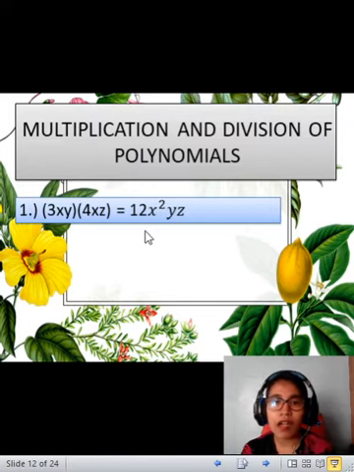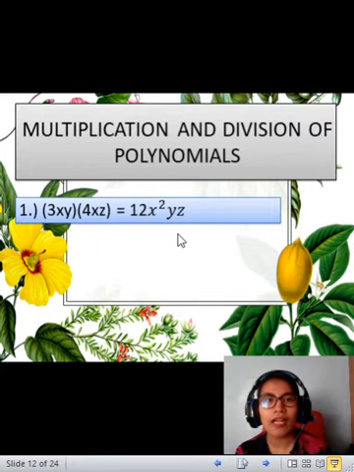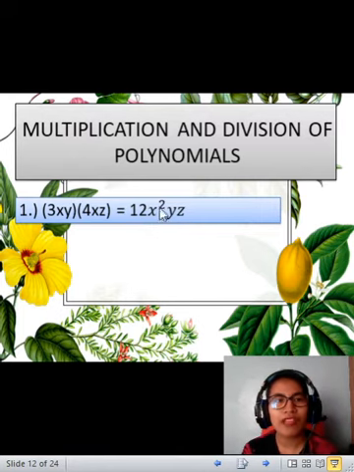And just as the law says, I can just combine similar bases or similar variables. So I can combine the x and another x. That will give me x squared. And since y and z cannot be combined, just write them. Again, in writing your variables, they should be in alphabetical order. So our final answer will be 12x squared yz.